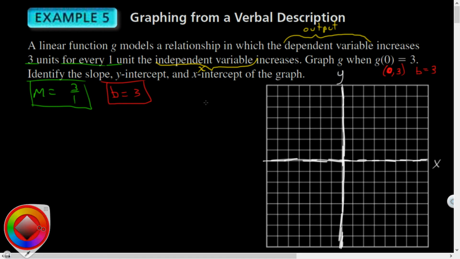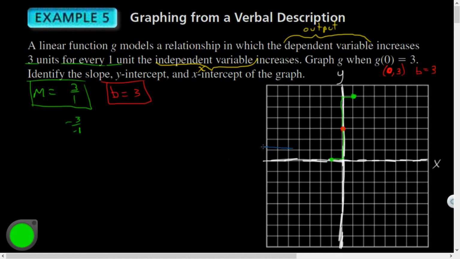My y-intercept is at 3, like so. The slope was 3 over 1, or just 3. So if I go up 3 and over 1, that would be another point on the line. I'll also point out that 3 over 1 is the same as negative 3 over negative 1, so I could also go down 3 and backwards 1.